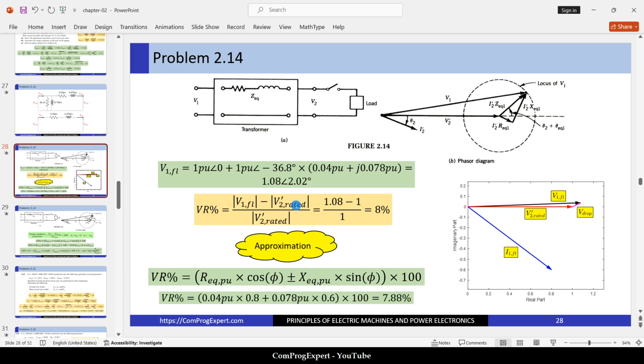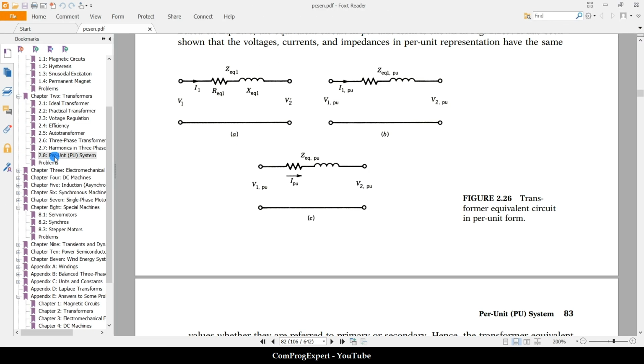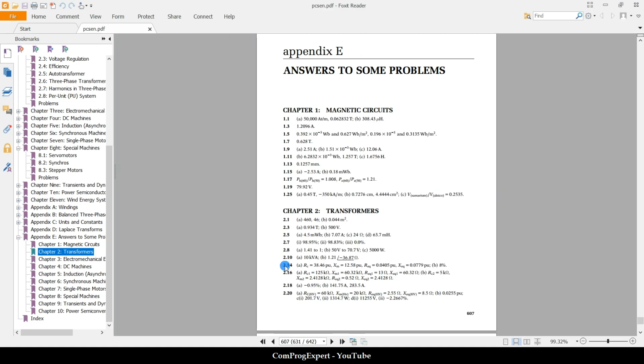You can replace the numbers. The voltage regulation will be equal to 8%. Yes. So let's check the numbers. Also, I think we have the solution of this problem.